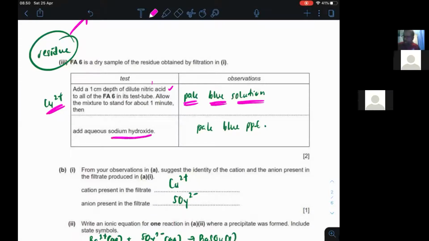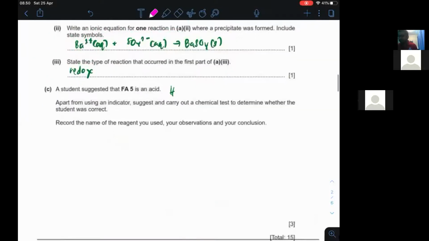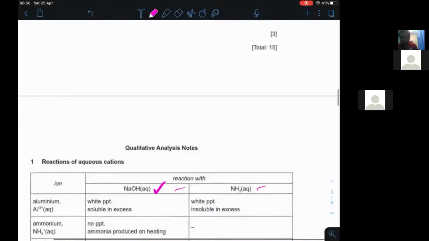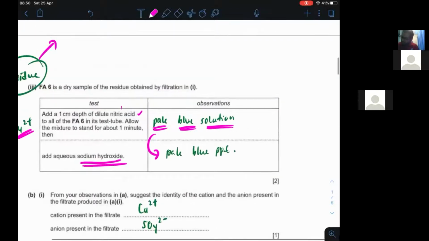And then when I add aqueous sodium hydroxide, it changes into a pale blue precipitate. I look at my notes: sodium hydroxide gives a pale blue precipitate, insoluble in excess. So when I write this down, I still need to add one more test.